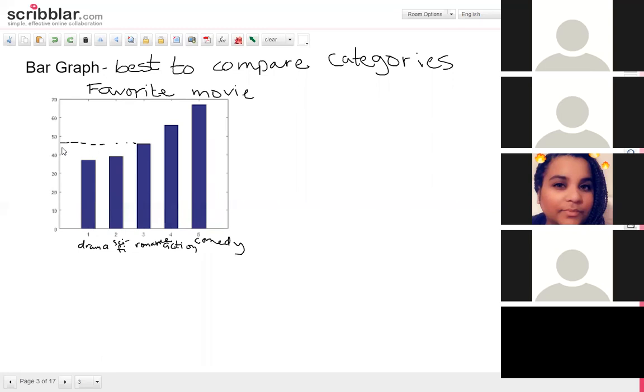We look over to the side and we say, well, how high up is that bar? So what do you think this bar is at if we go over to the side? And if you can't read these numbers, they're kind of small. I'm going to rewrite these numbers out. So where do you think, okay, 48, that's a good guess.